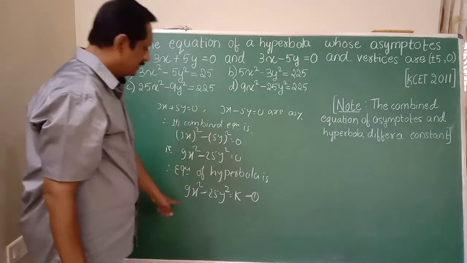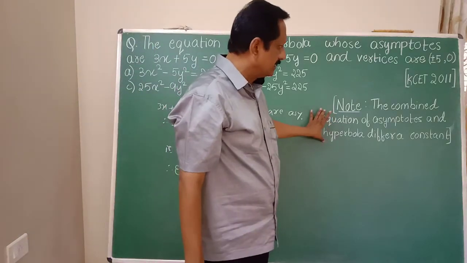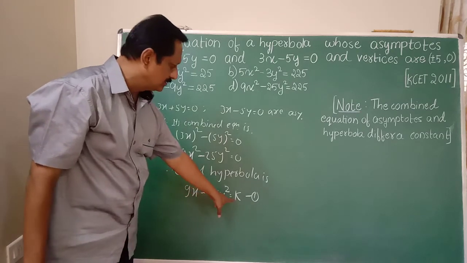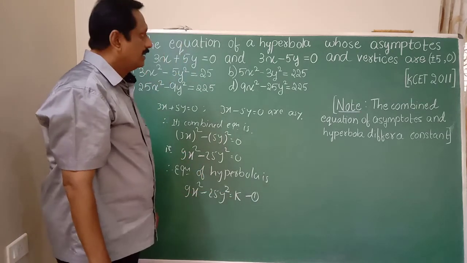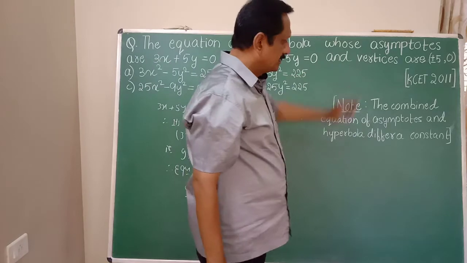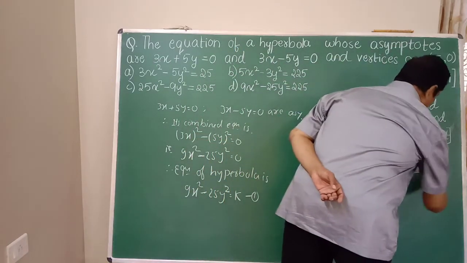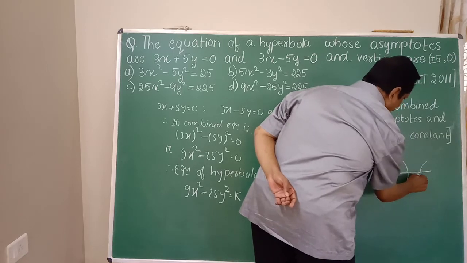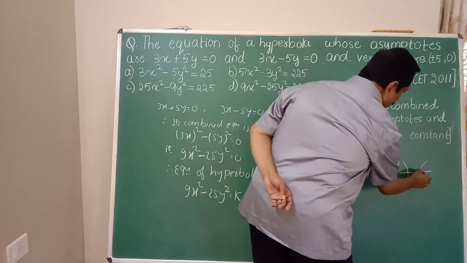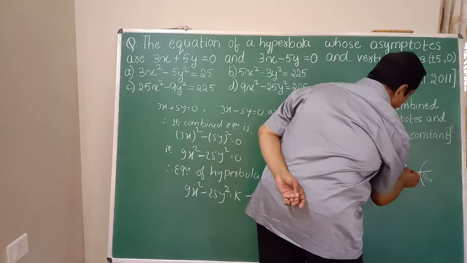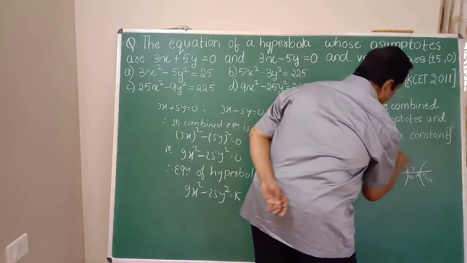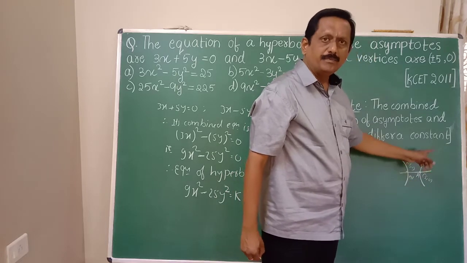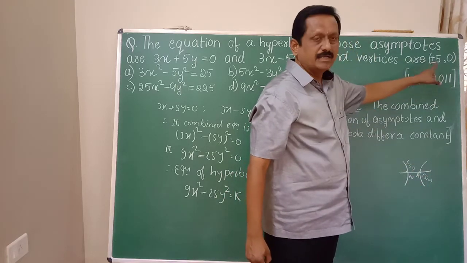Next, they have already given the vertices. You know that the hyperbola always passes through the vertices A and A'. The coordinates of these points are (5, 0) and (-5, 0). Hence the hyperbola passes through (5, 0) and (-5, 0).